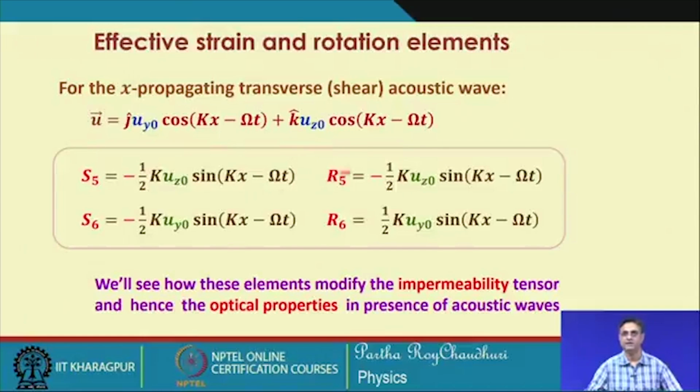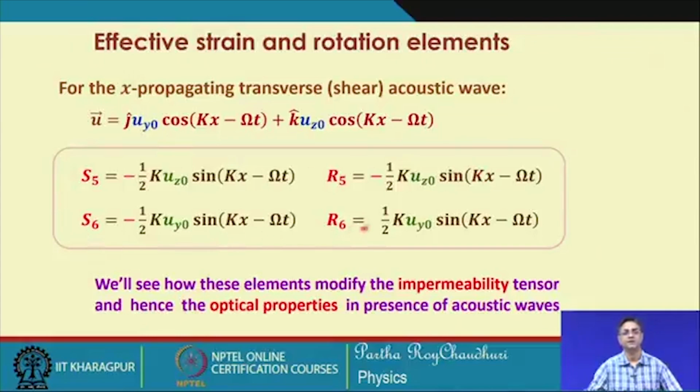Then we will clearly identify what the changes in the refractive indices will be. Then we will consider the propagation of a shear wave. Of course, before that we will also consider a longitudinal wave which is propagating along the y direction for a given material, and see how the refractive indices change depending on the properties of that material, because this might be useful in configuring devices for a required change in the refractive indices.